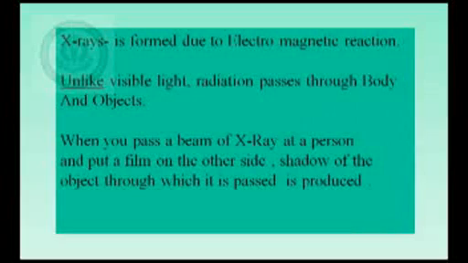First, for understanding the pathologies in the chest, you should know how the X-ray is generated and how these opacities are produced. Basically, X-ray is a form of electromagnetic radiation. Unlike light, the X-ray does pass through the body, and the penetration of the X-ray depends upon the density of the objects through which it passes.